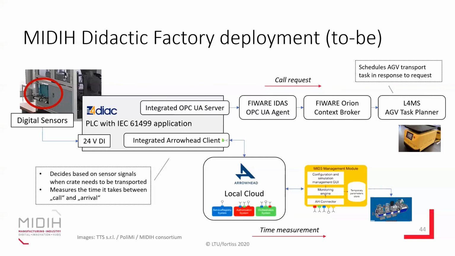And the IEC 61499 application in the 4diac PLC actually looks very similar to what you have already seen on the previous slides. So it uses the IX function blocks to access the digital inputs. It uses some basic function blocks to implement the logic with a state machine represented as an execution control chart.